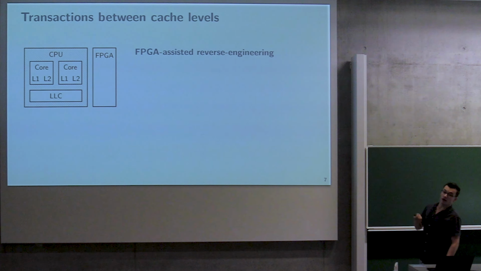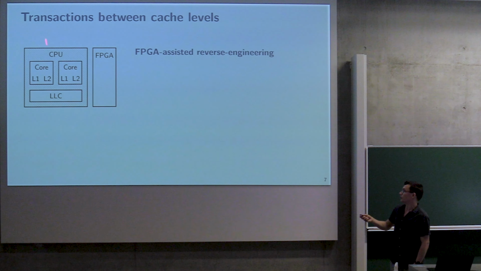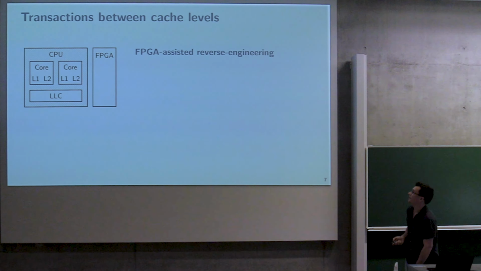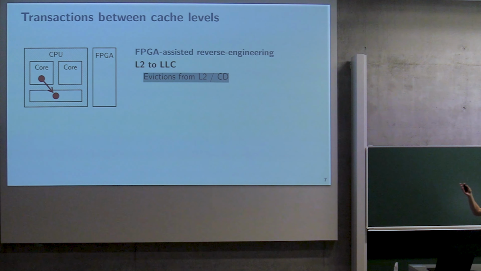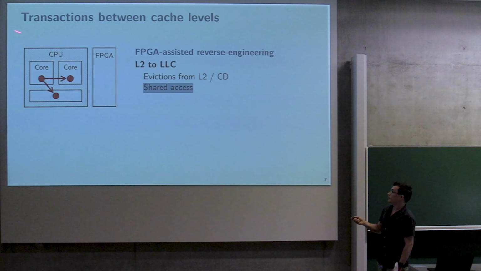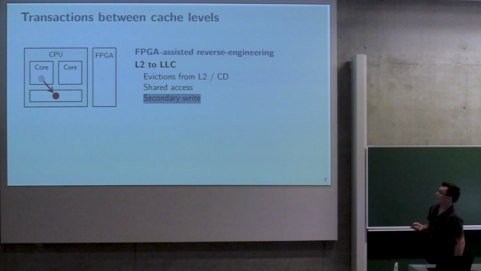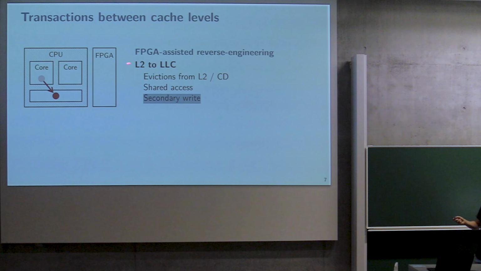And because we consider ourselves to be this double combined attacker, we can do some FPGA-assisted reverse engineering because we look at this hierarchy from two sides. And there we discover, so this is known, that you can move lines from the core to the last level cache through L2 evictions, but also by accessing a line from two different cores. This is new. And also, of course, by writing to the line from the secondary device.